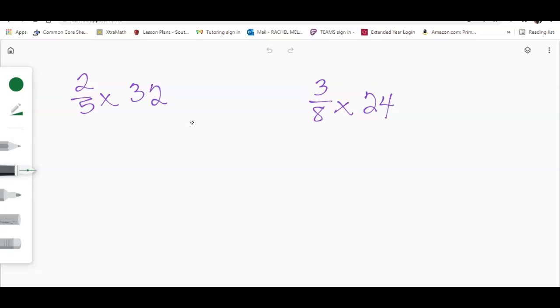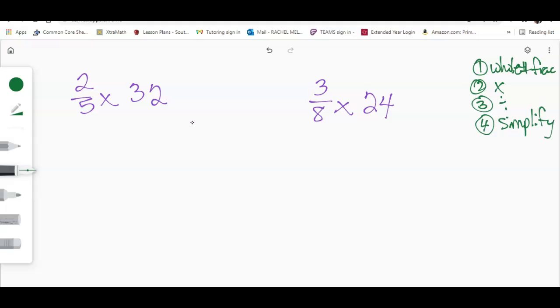So here are our last 2 problems. So again, the first thing we do is whole number to a fraction, then we multiply, then we divide, and maybe we ought to put the last rule here as simplify, in case we do need to simplify it.